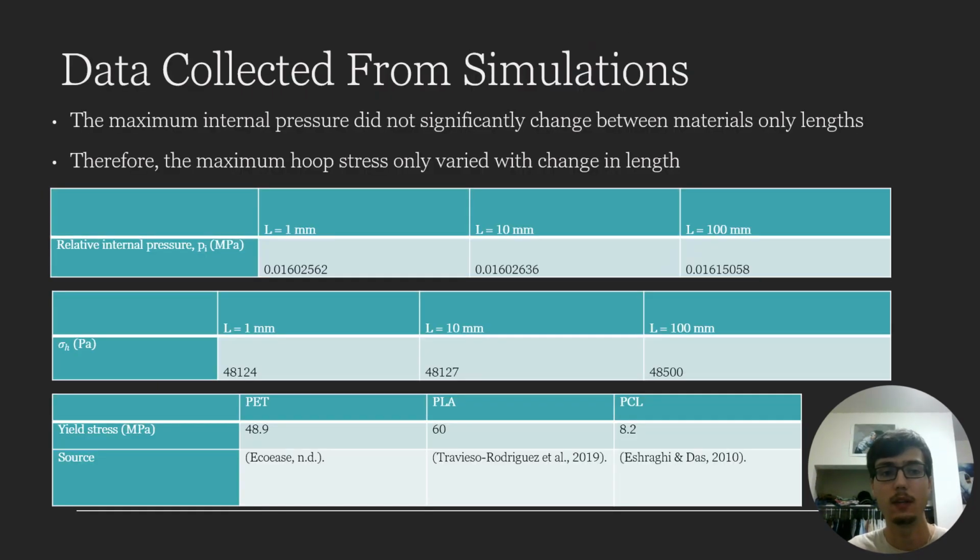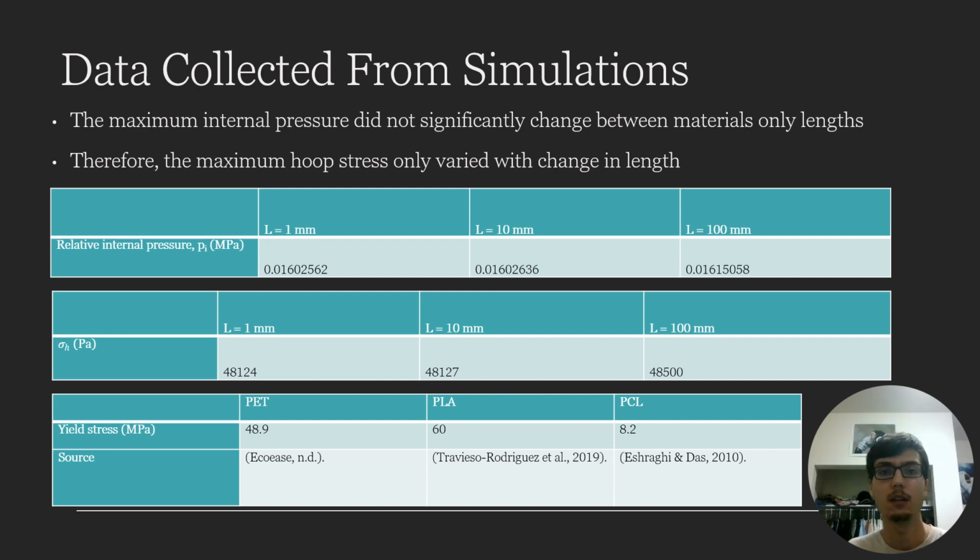So here's all the information summarized in these tables. In table 1, you get the pressures from the simulations, which didn't vary by material in the flow simulations, only by length, which is why only those 3 different values are input there. In the second table, we see the hoop stress that was created from the pressure input in the second static simulation.